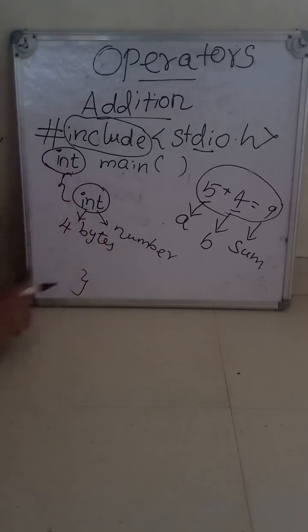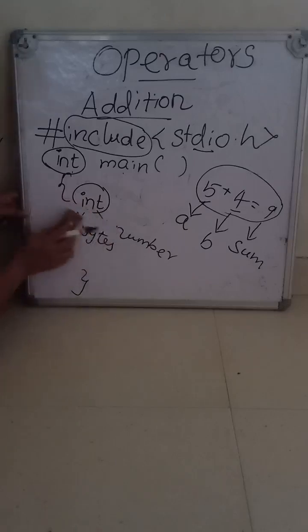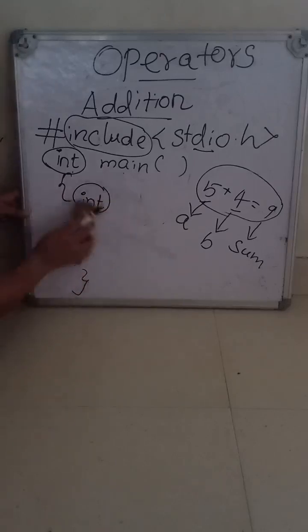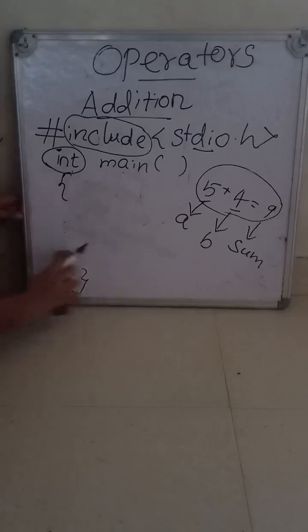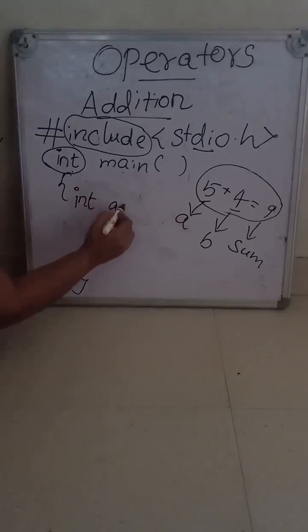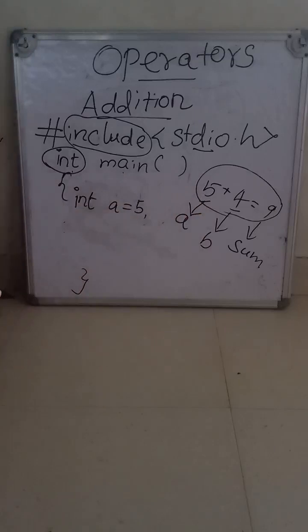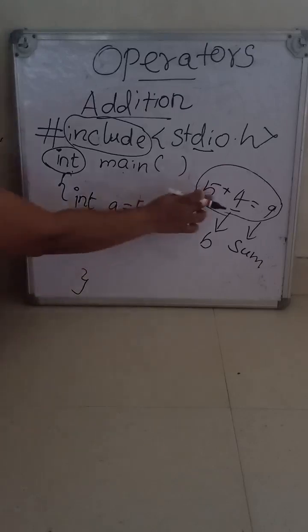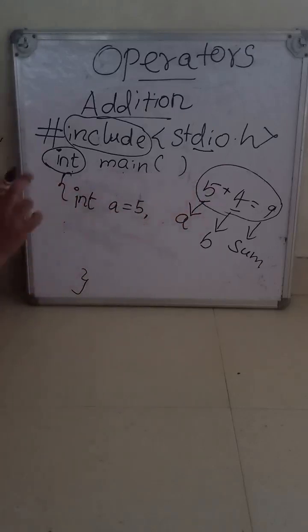So I have declared it as int, and my variable A is equal to the value 5. Here I am assigning the values by default. That is called the initialization process. Now I am initializing the value of the variable A.